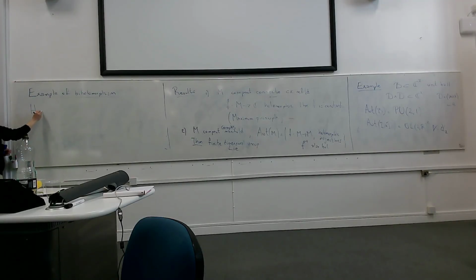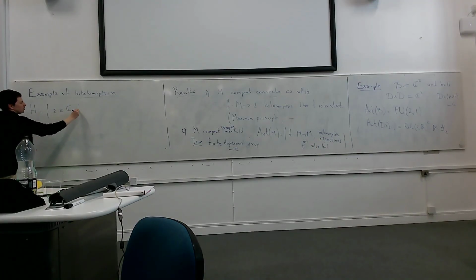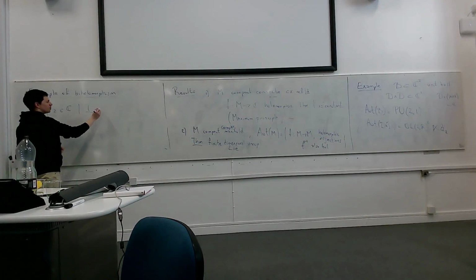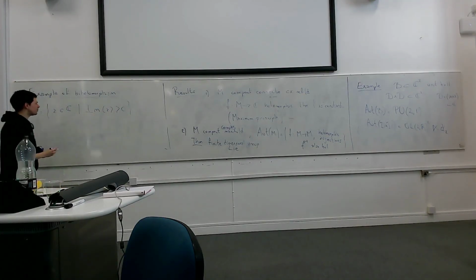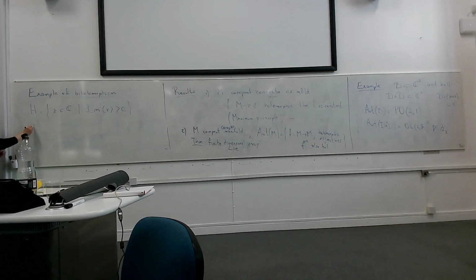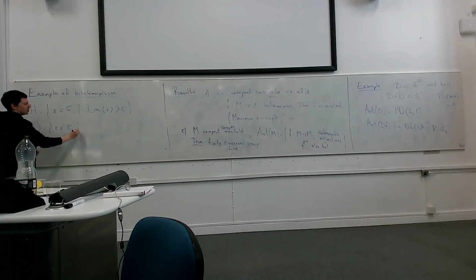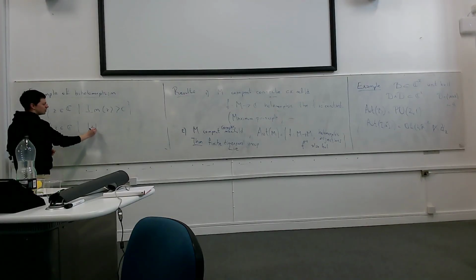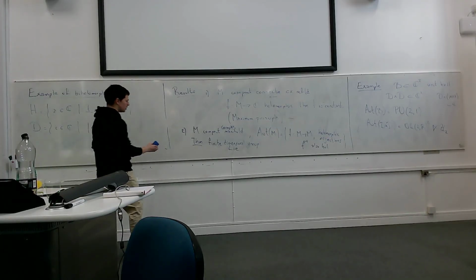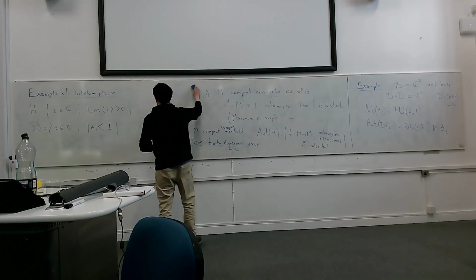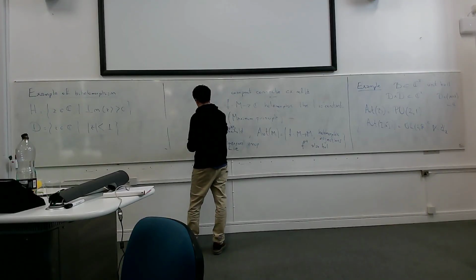H is the upper half plane, the points in the complex plane that have imaginary part bigger than 0. And we also have the unit disk, such that the absolute value of z is less than 1. And these 2 sets are biholomorphic.